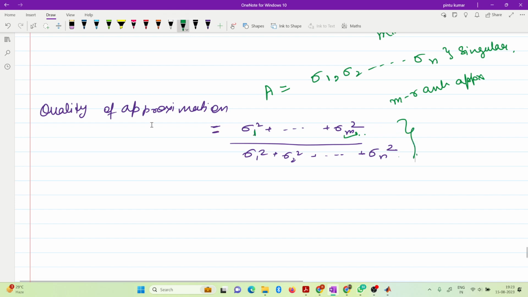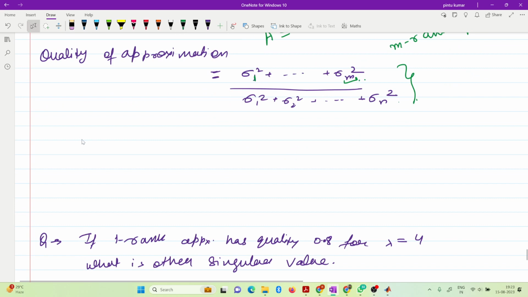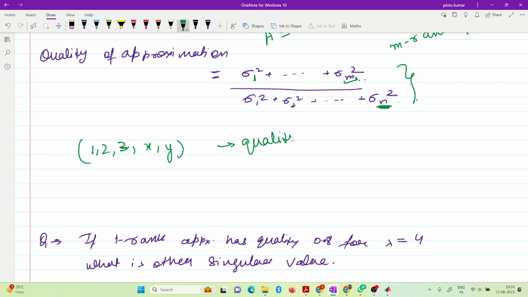There is a question in your assignment where you are given five singular values, which are, I think, 1, 2, something, 3, and x comma y. You are also given the value of the quality of approximation and the value of x plus y, and you need to find x and y.